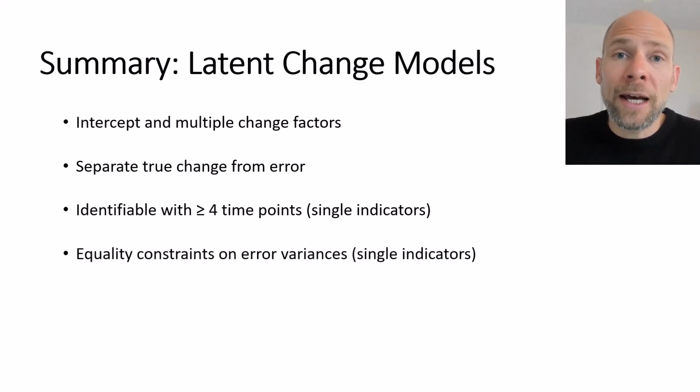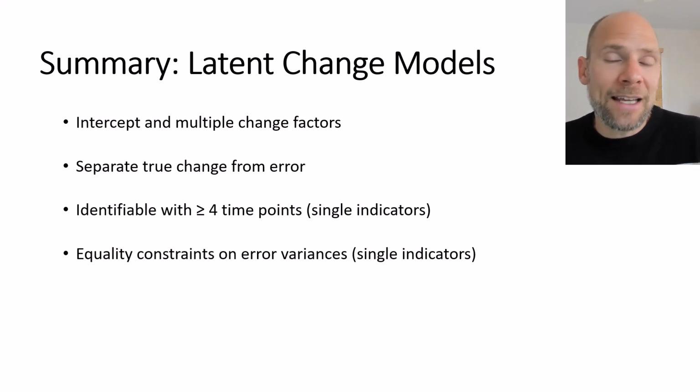Now, one other disadvantage when you have single indicator data is that you have to place constraints on either the measurement error variables epsilon in this model or on the latent zeta variances for the structural model. And so those equality constraints that you have to place for identification in the latent change score model may or may not be plausible.